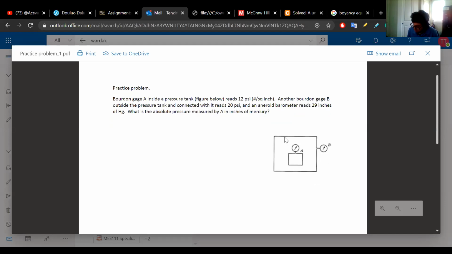And we have pressure gauge B outside the tank, reading 20 psi.